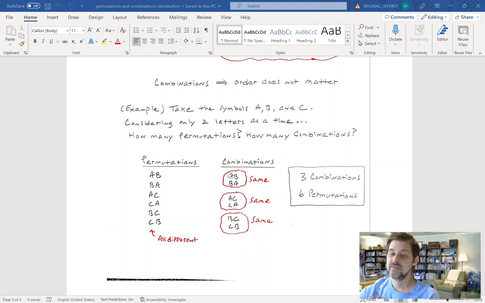So these are the same combination. And then AC and CA might be different permutations, but they're the same combination. So there would be 6 permutations, count them up, 1, 2, 3, 4, 5, 6, but only 3 combinations. Hopefully seeing them side by side like that helps you understand more fully the difference between a permutation and a combination.